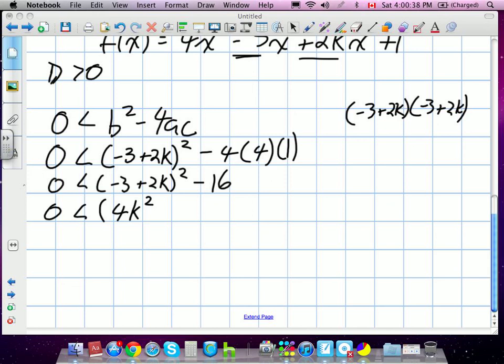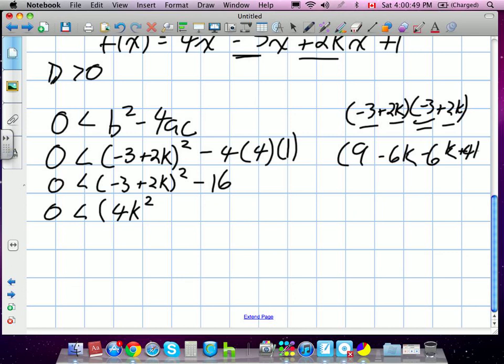Okay, so when you FOIL this, 3 by 3 gives us 9, 3 by 2 gives us negative 6k, 2 by negative 3, negative 6k, and 2 by 2 gives us 4k squared. So I just rewrite it, 4k squared minus 12k plus 9 minus 16. I just have to combine the brackets here, so we get 4k squared minus 12k. 9 minus 16 will give us negative 7.